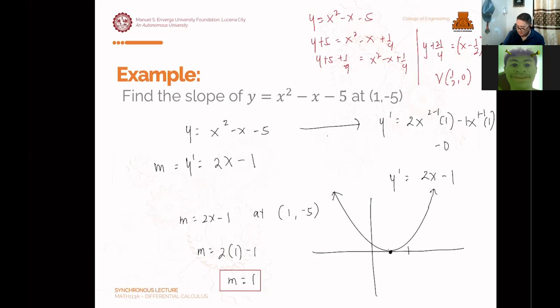Okay? Tama ba ang aking pinagagawa? Wait lang ha. 1, negative 5. Okay, so 1, negative 5. 5 plus 1/4. 21/4. Ha?